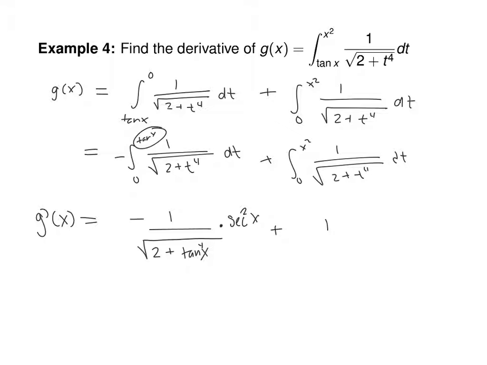The next one, what gets plugged in for t? X squared. Multiply by the derivative of the x squared, which is 2x.